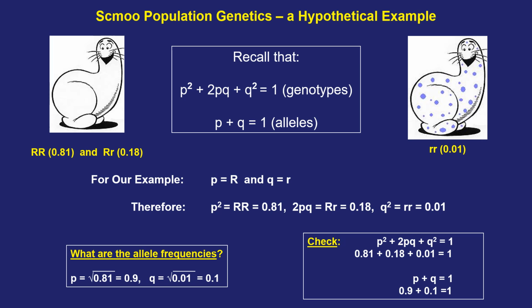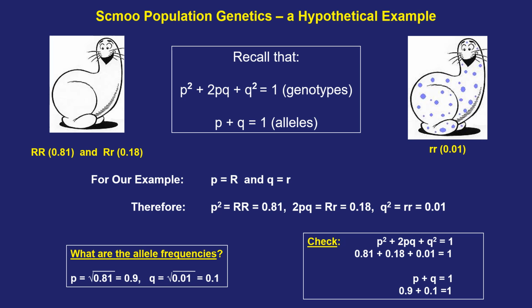With the dominant phenotype, there's a bit of a wild card there because you don't know how many homozygous dominant you have and how many heterozygotes you have. But if you have the homozygous recessive phenotype, you can figure out everything else.